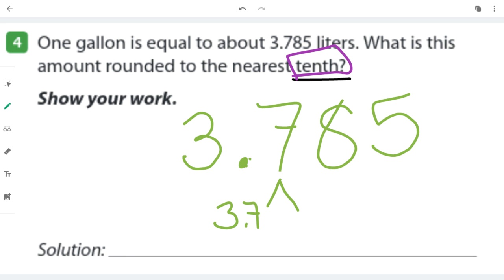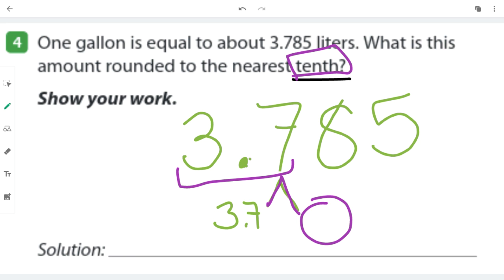Well, 7 is the tenths place. And I'm going to make sure that I list my options. You can either stay at 3 and 7 tenths, or go up? I wonder what that other value is. I wonder what goes on this side.